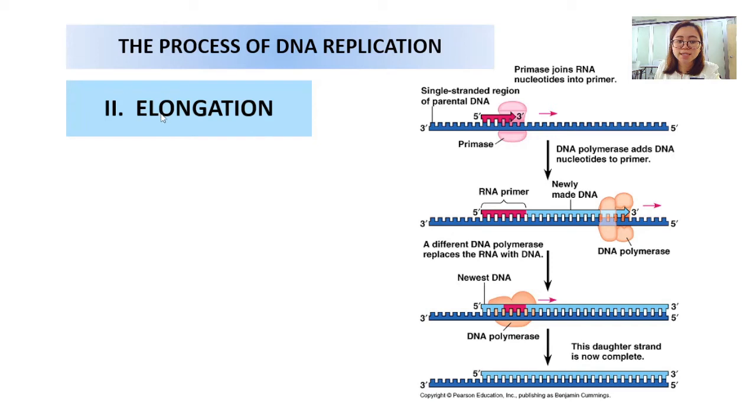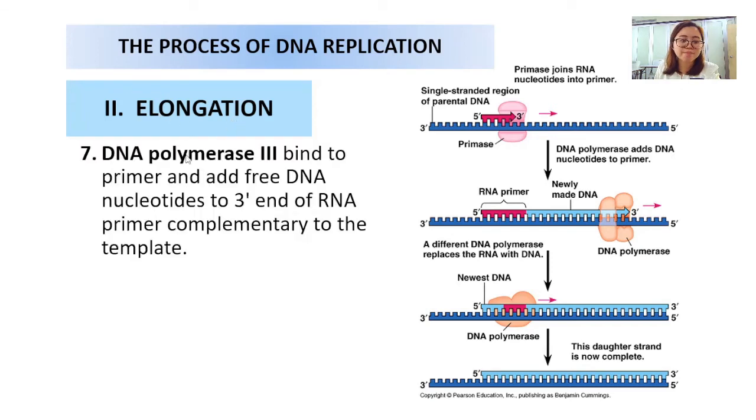The second step is elongation, pemanjangan DNA. DNA polymerase 3, mesti mula dengan number 3 dulu ya, will bind to the primer and add DNA nucleotides to the 3' end of RNA primer complementary to the template. So tadi DNA primase letak satu primer, RNA primer.